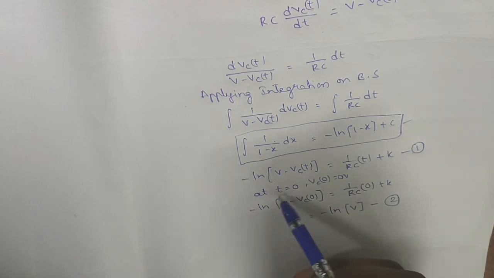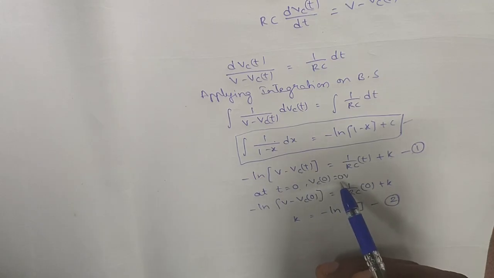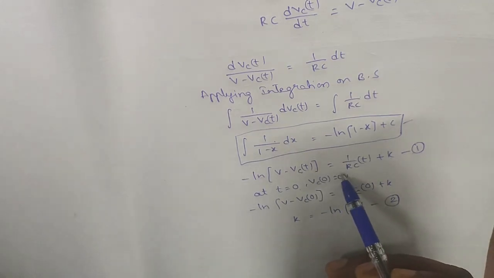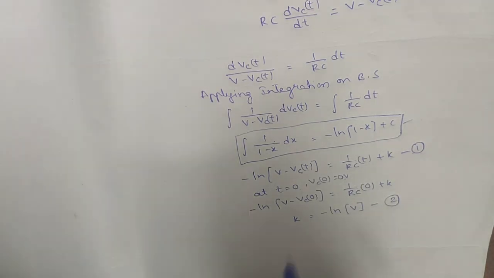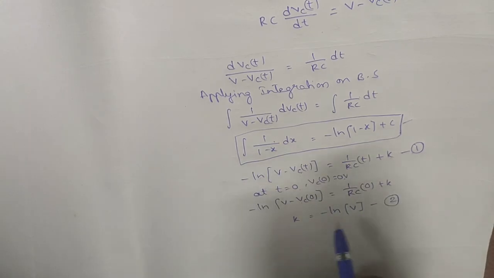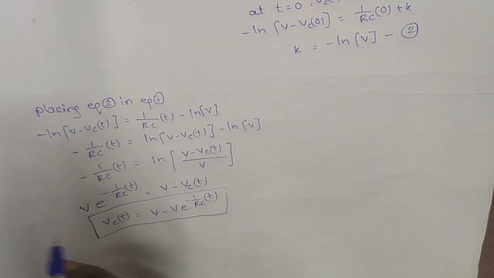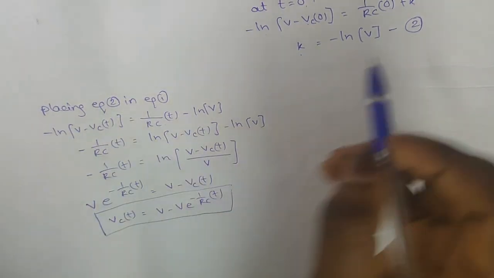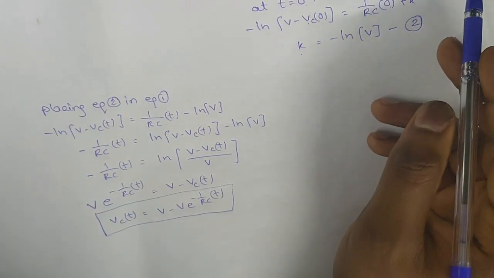To find k, we put t equal to 0, and the initial condition is that the voltage at the capacitor initially is 0. So minus ln of (V minus Vc of 0) is equal to 1 by RC of 0 plus k. Now we get the k value as minus ln of V. Here, from equation 2, we keep this in equation 1.